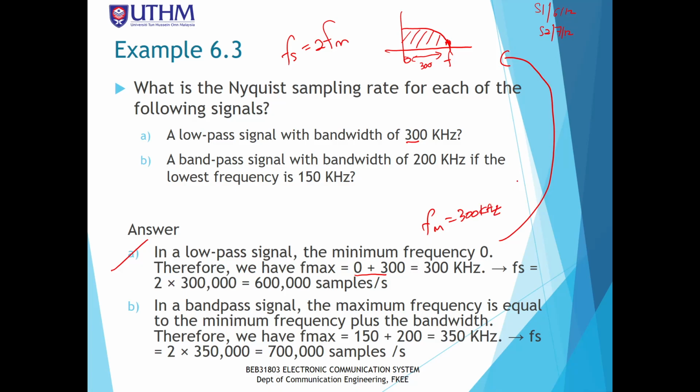So therefore, the minimum Nyquist rate Fs is equal to 2 times the highest input frequency. So we get 2 times 300,000, so we get 600,000 or 600 kilohertz.